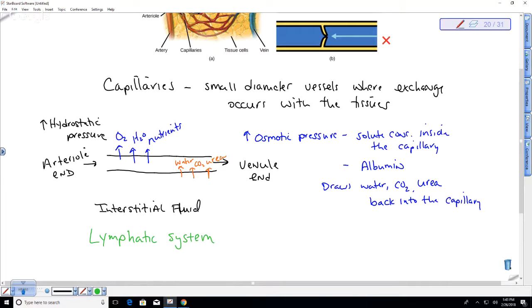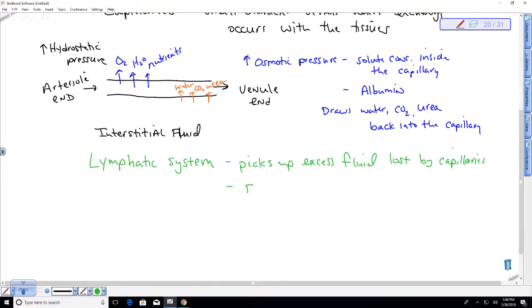So the lymphatic system functions to not only absorb lipids in the digestive tract, but it picks up excess fluid lost by the capillaries. So our capillaries have lymphatic vessels surrounding them. If it doesn't function to pick it up, then you get tissue swelling, which is called edema.